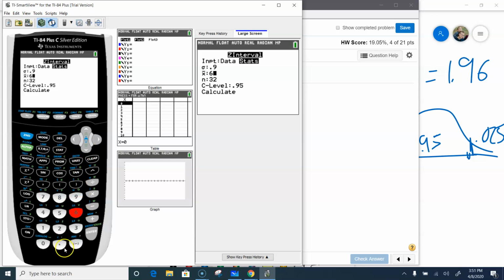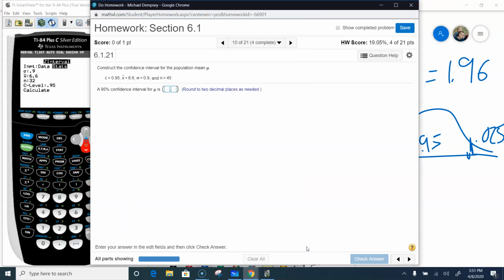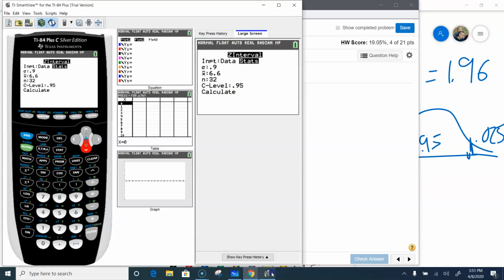And then the sample mean was 6.6. They should give us our confidence level, which is 95, and sample size is 45. So confidence level is already set. We wanted 95, but we wanted a sample size of 45. That's important to the calculation of our interval. And so I get 6.337 to 6.863.